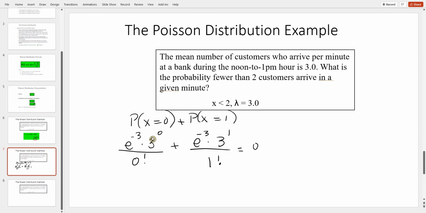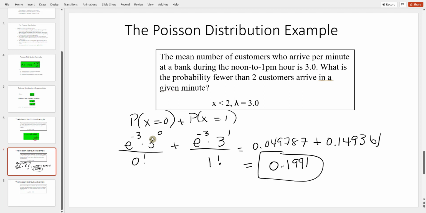Okay, when I calculate it out, I get these two probabilities and I add them up. I get 0.1991. So the probability that you get fewer than 2 customers is 0.1991.